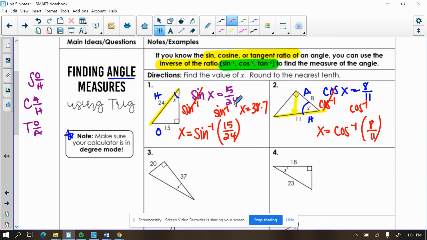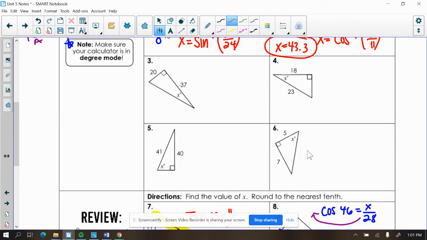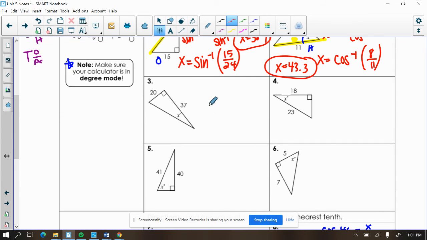So then X equals 43.3. That is what we're looking for in those answers. So let's try a couple more and then we'll go from there.